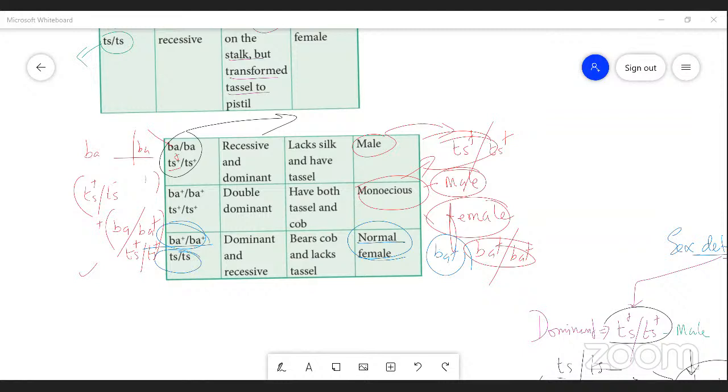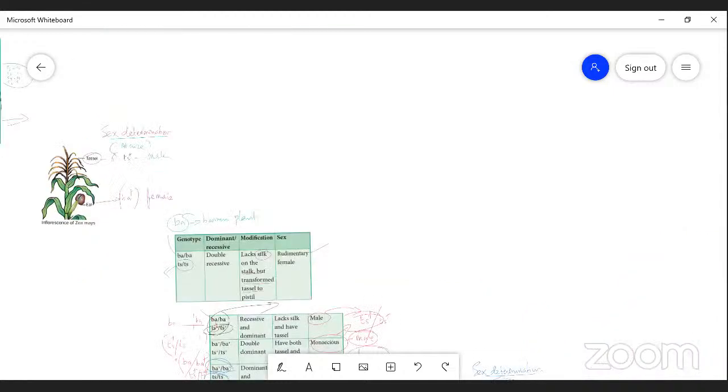Here I have taken small BA for females, and TS plus is male. Maleness, because it is a dominant allele. Understand? I have shown the picture so that you can understand.